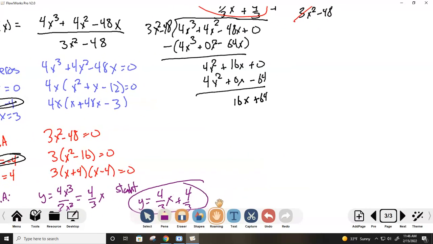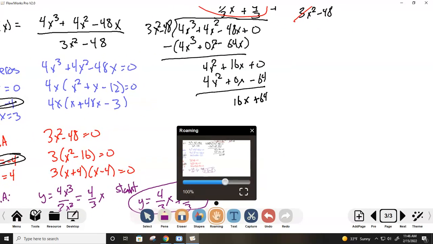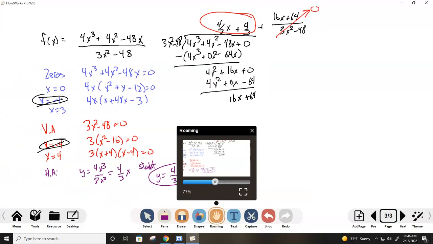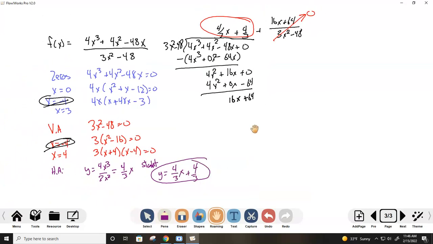So when I come and try to graph this, let's make this a little smaller so I can fit it all in here.